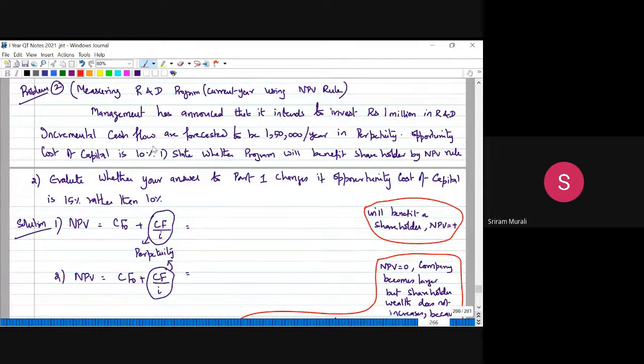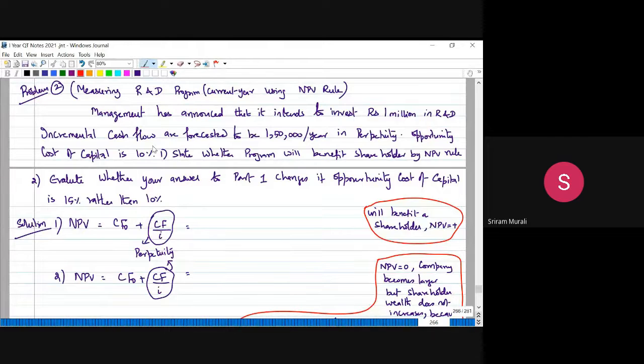So what is the investment capital? $1 million they are investing in research and development. What is the cash flow forecasted in a year? 1,50,000 rupees, they are telling you, you will get it in perpetuity. In perpetuity means indefinite cash flow, in fact, inflow. The opportunity cost of capital will be 10% on my investment. So state whether the program will benefit the shareholder by the NPV rule.